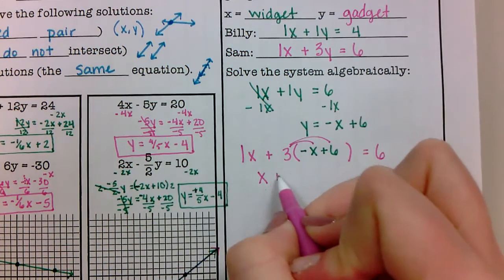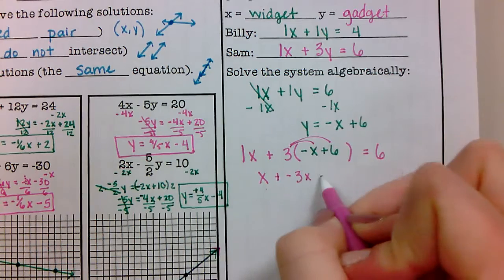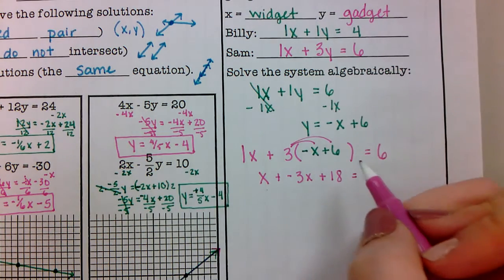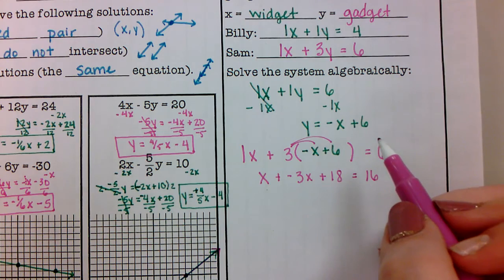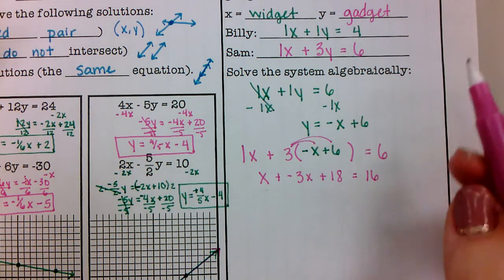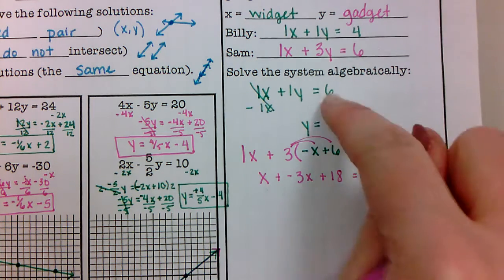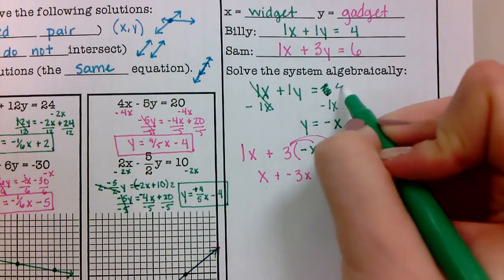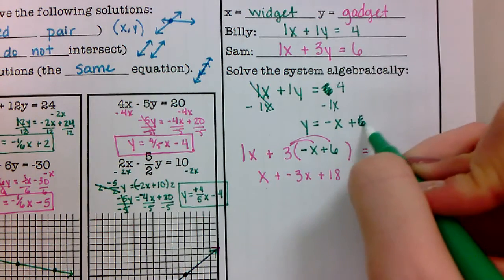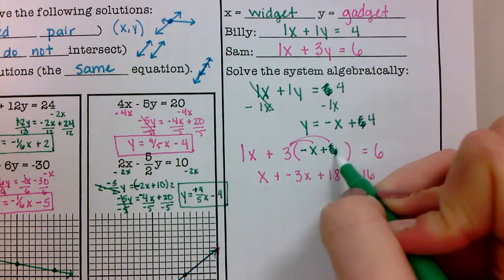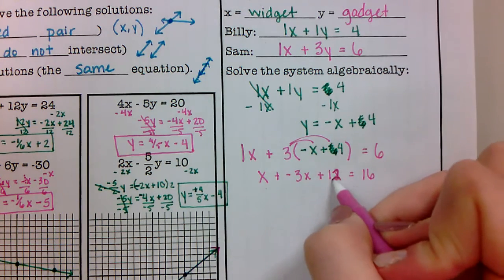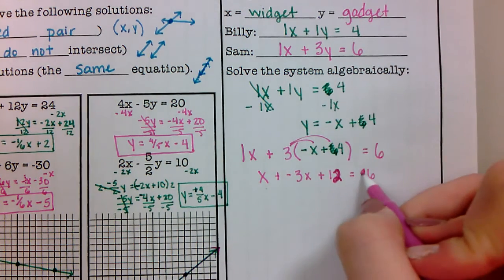So we have x plus 3 times negative x plus 4 equals 6, so x plus negative 3x plus 12 equals 6. I'm sorry, actually, this is supposed to be 4. Look at that. I made a typo. So that would make this 12 equals 6.